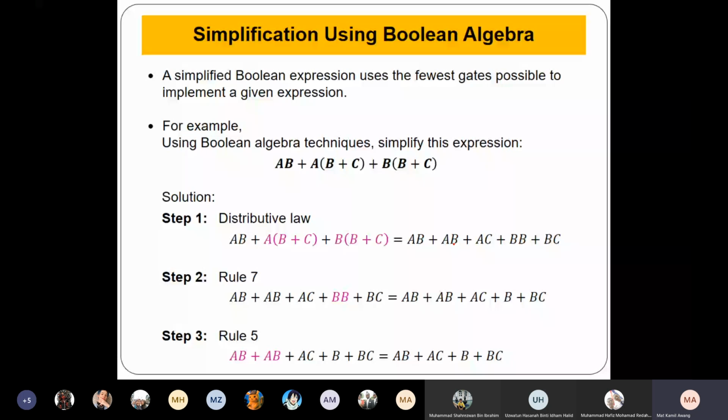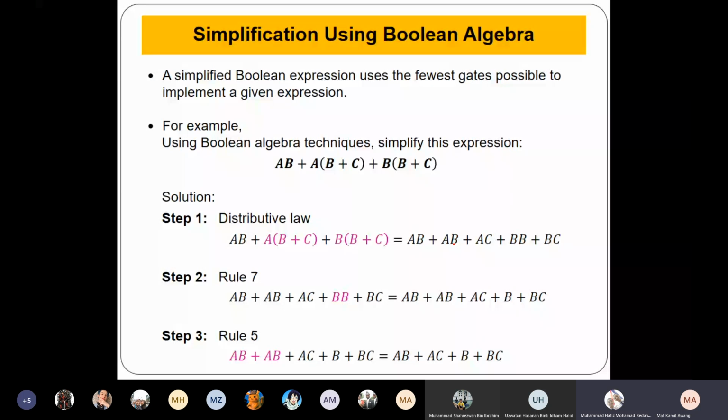Simplification using Boolean algebra. I think we have about 2 more slides to go. A simplified Boolean expression uses the fewest gates possible to implement a given expression. So the purpose of simplification is to use as few gates as possible to implement the function.